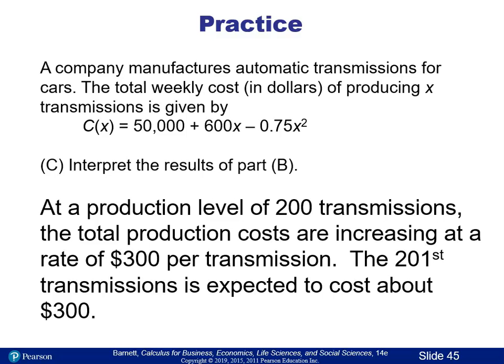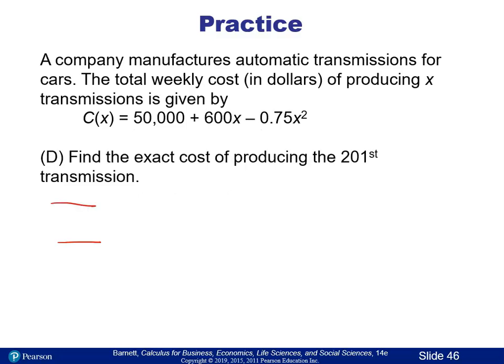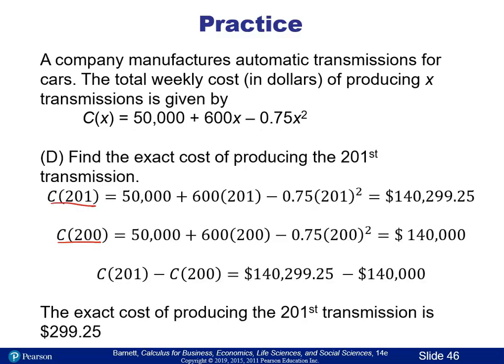Using the marginal cost function, we estimated it to be about $300. When we do the exact cost, we see that it's $299.25. So pretty close on the estimate there.